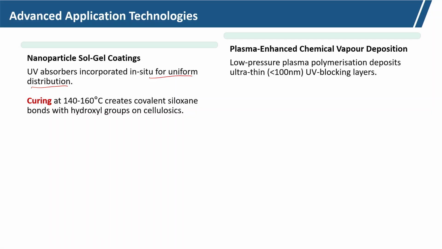The thickness is typically less than 100 nanometer. So, through the low pressure plasma, the chemical vapor is deposited on the textile substrate, and it acts as a UV blocker.